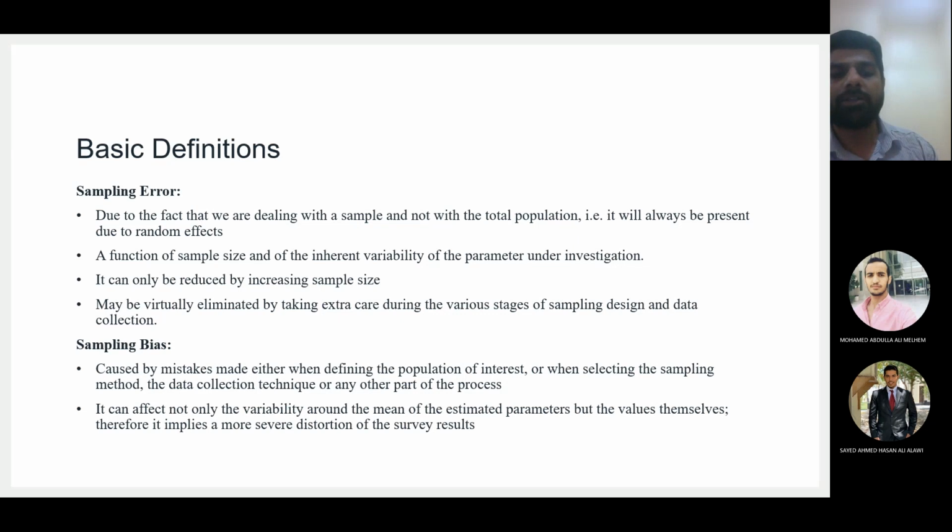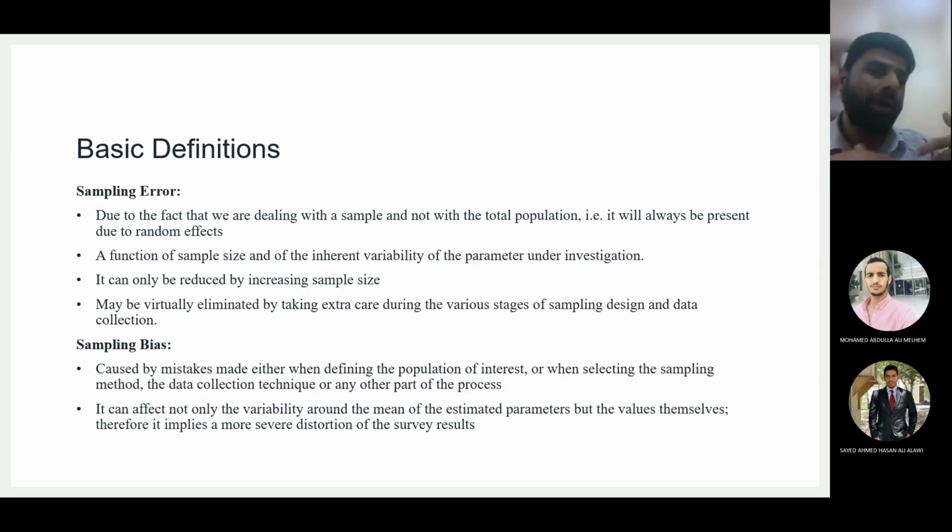So sampling bias is caused by mistakes made either when you are defining the population of interest, or when you are selecting the sampling method, or the data collection technique, or any other part of the process. Okay, so you did not define your population properly. You were trying to plan for the entire city, but you focused on the central part of the city.